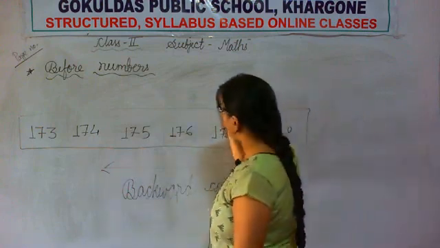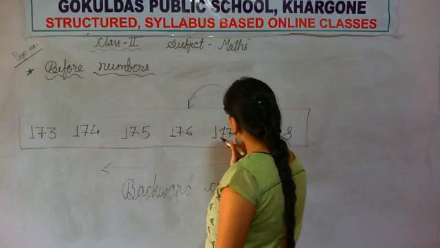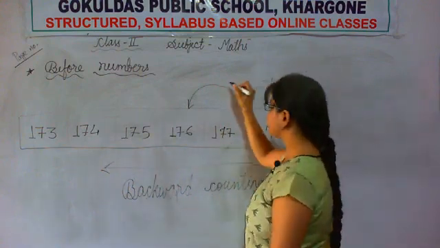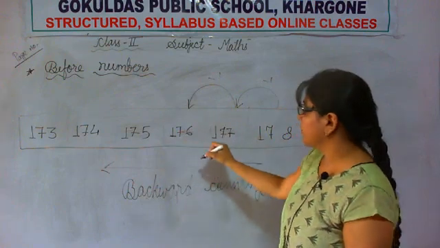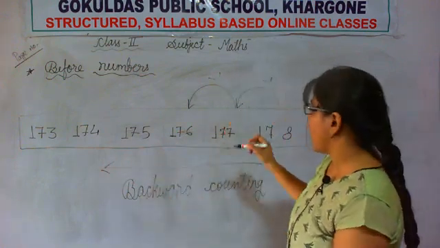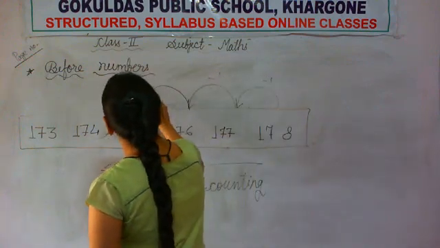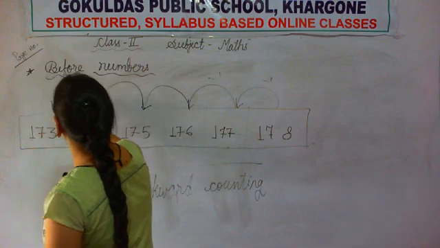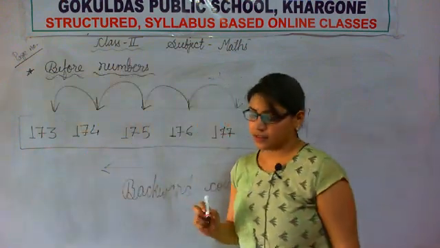And if I remove 1 more from 177, then I get the before number of 177. And again, if we keep counting backward, we will get the before numbers.